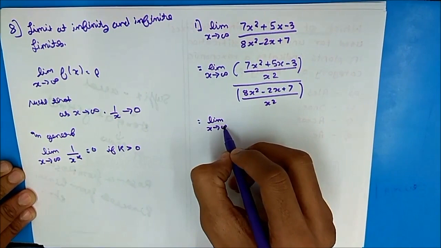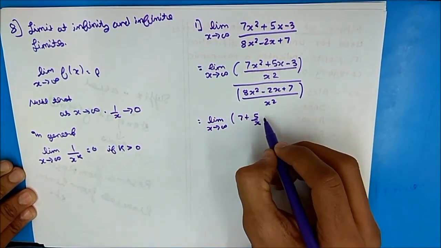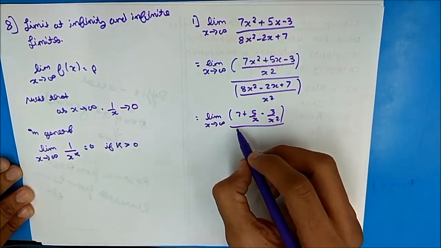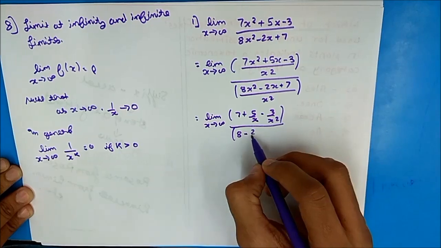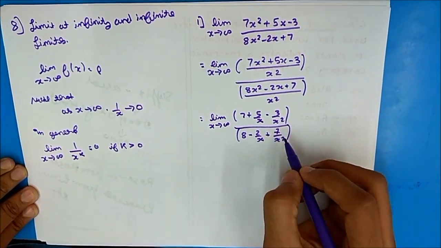Limit x tends to infinity, (7 plus 5 by x minus 3 by x square) upon (8 minus 2 by x plus 7 upon x square).